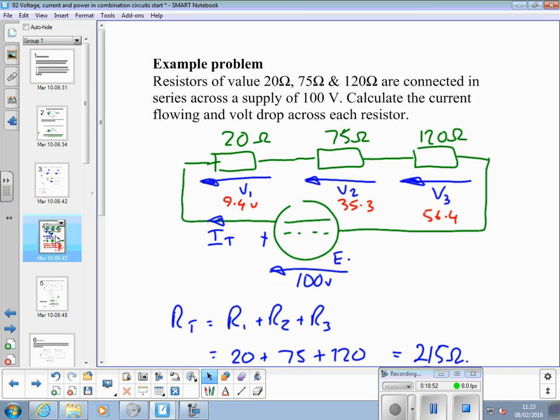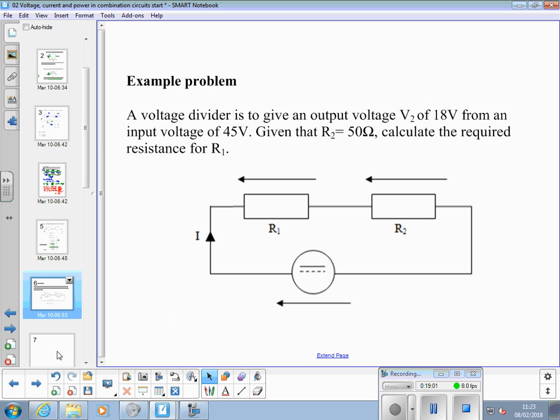A voltage divider is to give an output voltage V2 of 18 volts from an input voltage of 45 volts, R2 is equal to 50 ohms. What's R1? What's the relevant voltage divider rule?